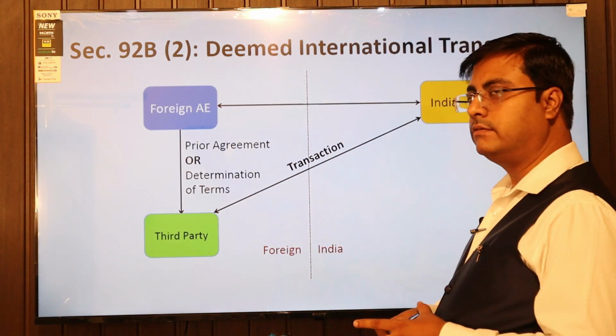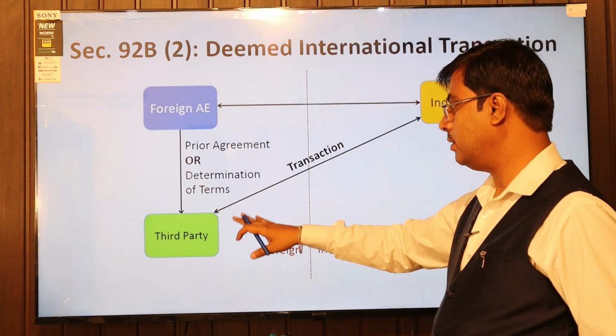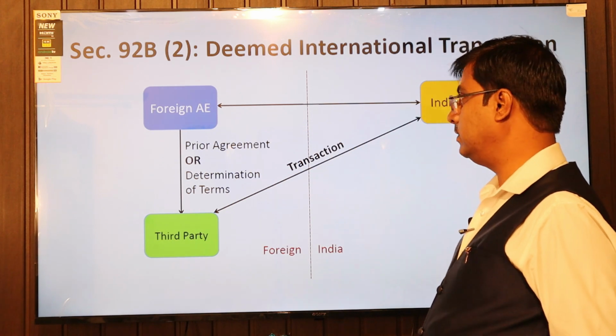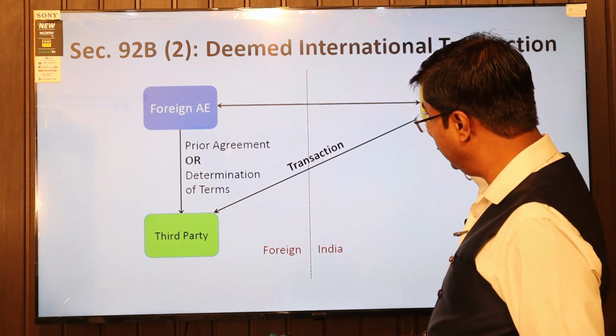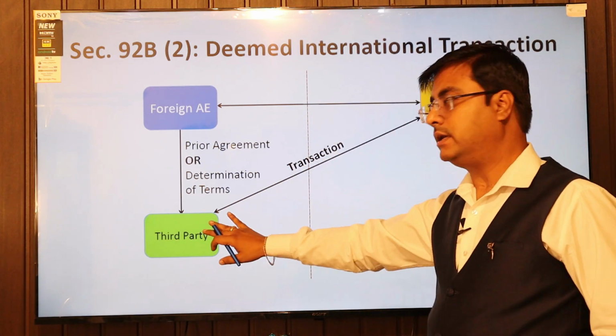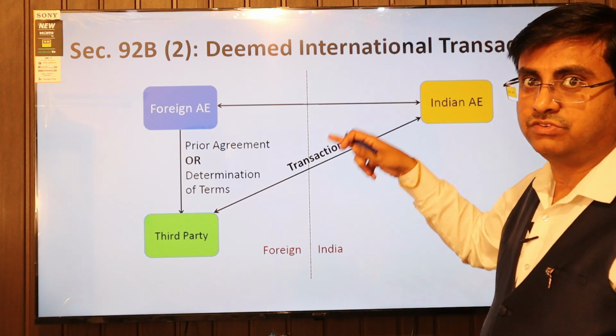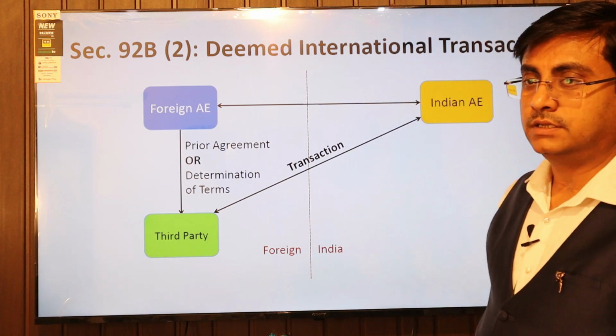This is another example. There is a prior agreement for determination of terms by the foreign associated enterprises. Even if we are not dealing directly with the foreign associated enterprises but with a third party, this transaction is still covered as an international transaction.